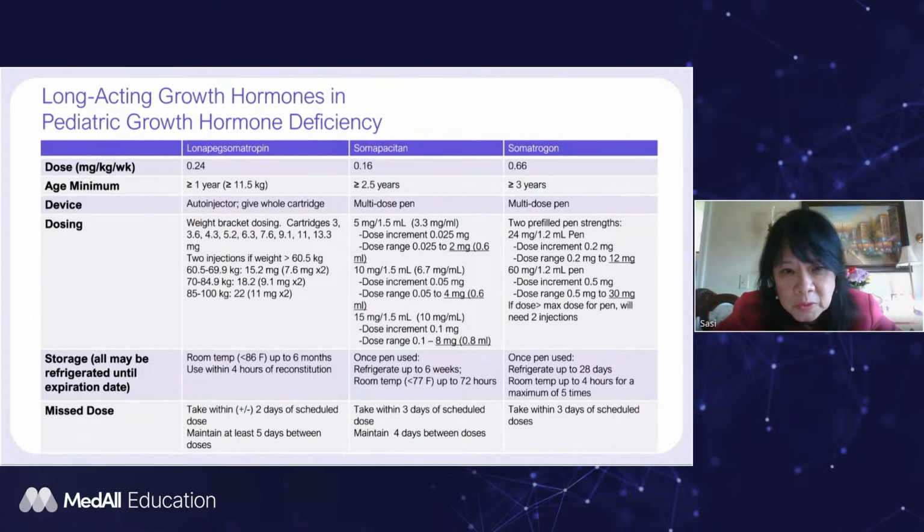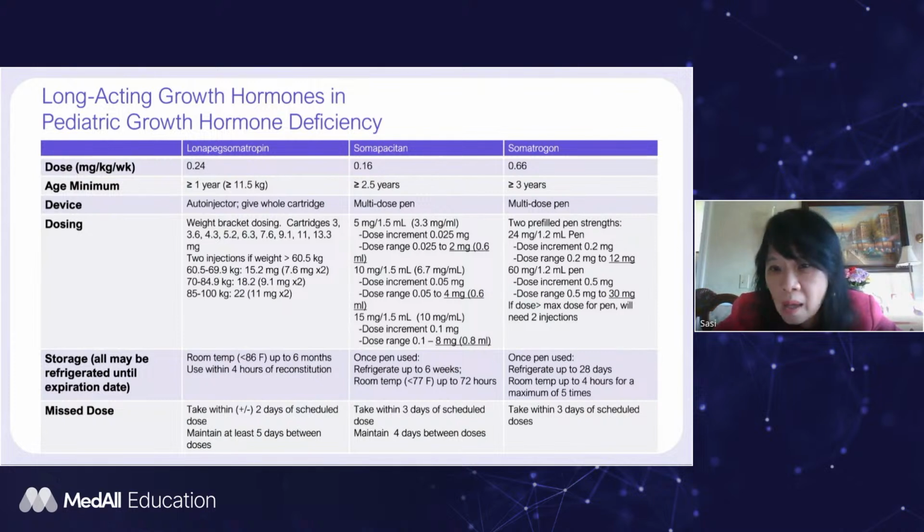But for those older children, bigger size, we have to give 2 injections, in those weight over 60.5 kilo. And for somapacitan, this one comes in 3 different pen sizes, similar to the daily growth hormone, so we can adjust based on body weight.